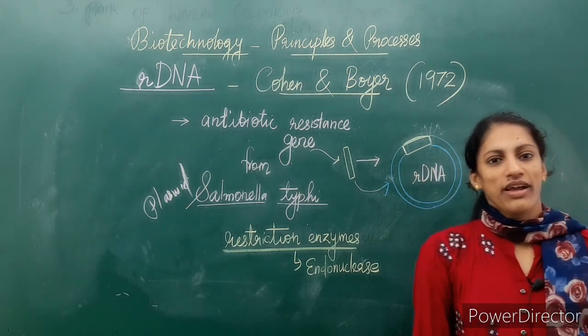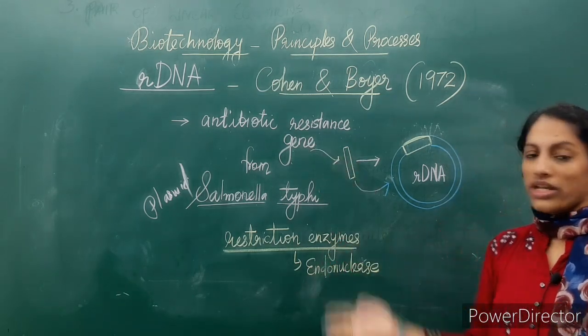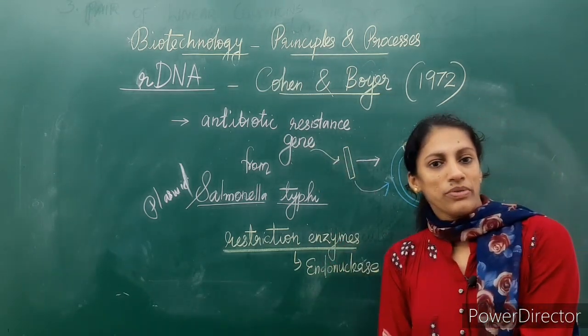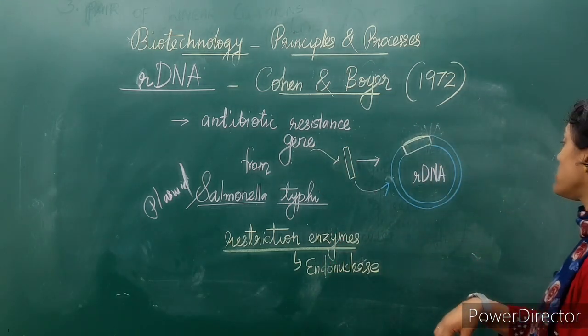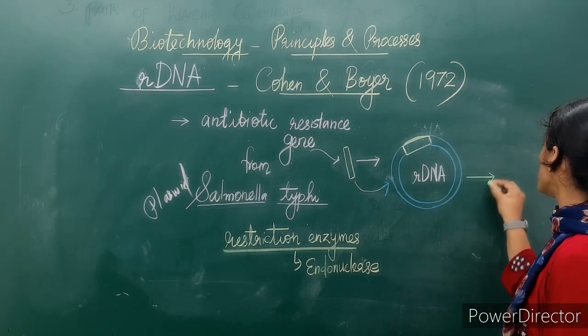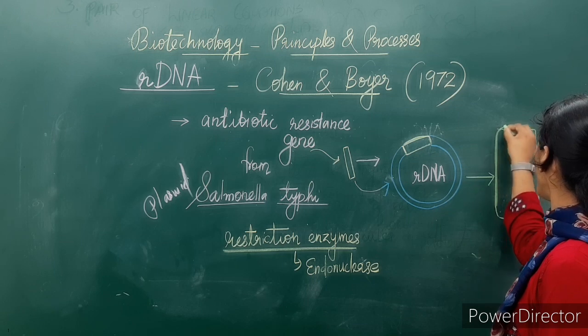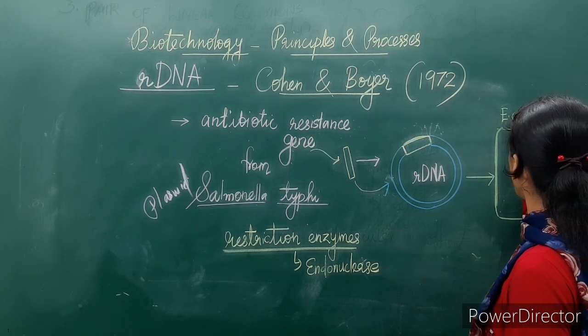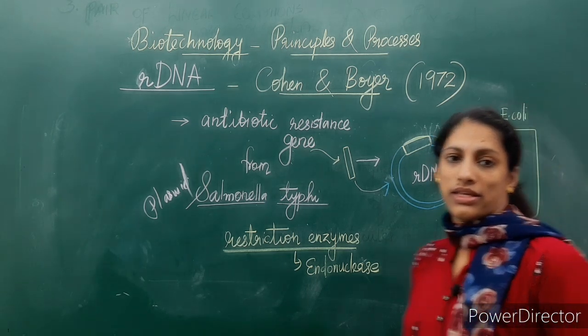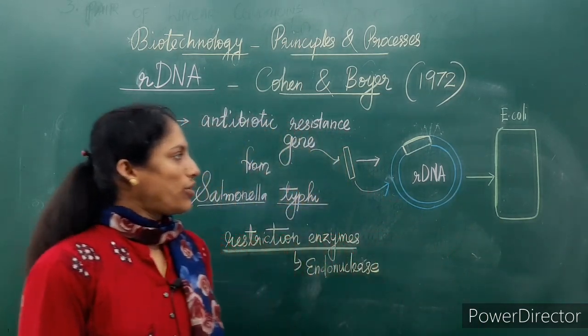Not only the production, they did the next step also. As a next step, they introduced this rDNA into a bacterium, not Salmonella, but a similar strain bacterium, Escherichia coli.